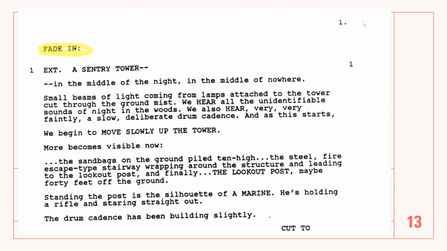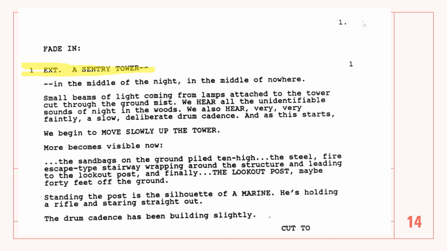Okay, here's a different screenplay. This is page 1, scene 1, and the fade in comes after all the studio and company logos that you know all too well. And then it says fade into scene 1, exterior, a sentry tower. So the exterior is important here.